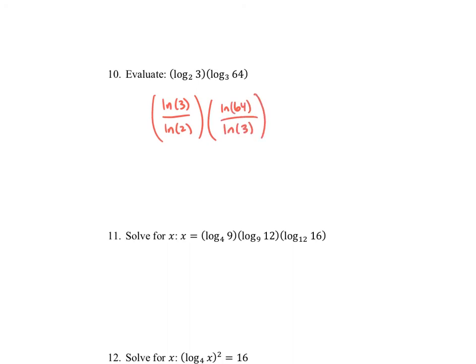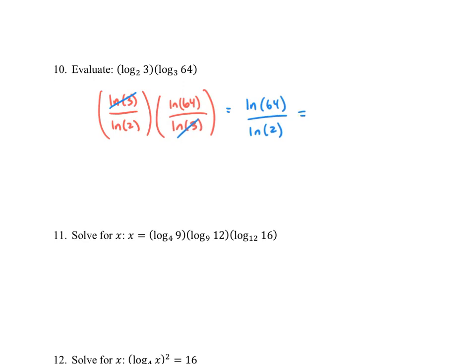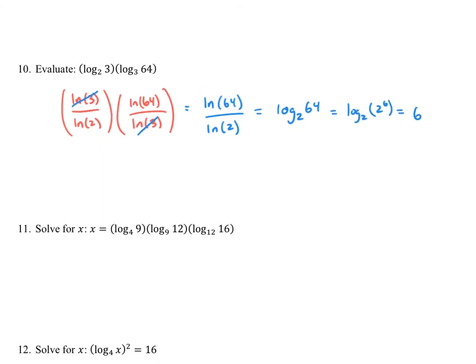And then what you're going to find is that you can cancel natural log of 3, giving you natural log of 64 divided by natural log of 2. I would actually convert that back to log base 2 of 64, and that gives us, let's see, 2 to the 6th is 64, and so we end up getting 6 as a final answer there.